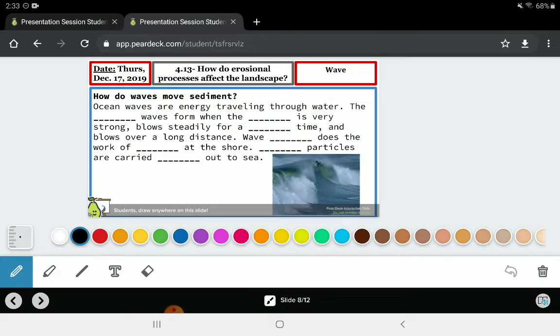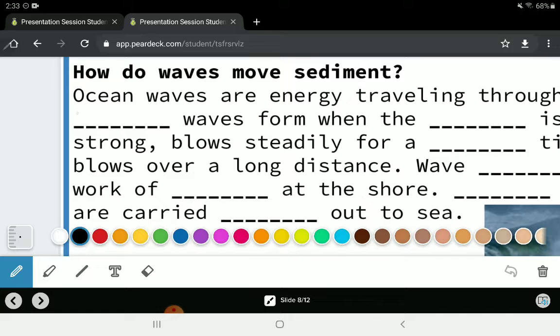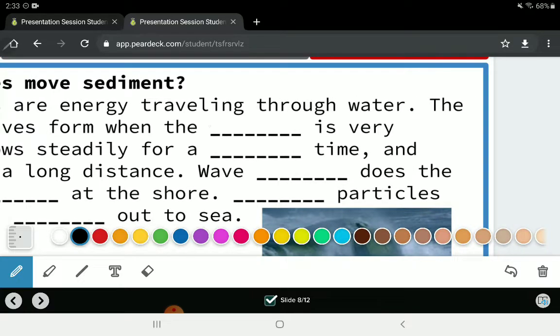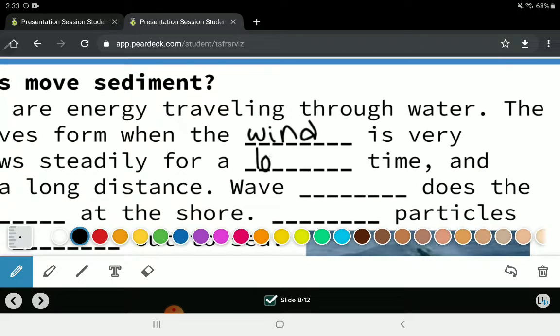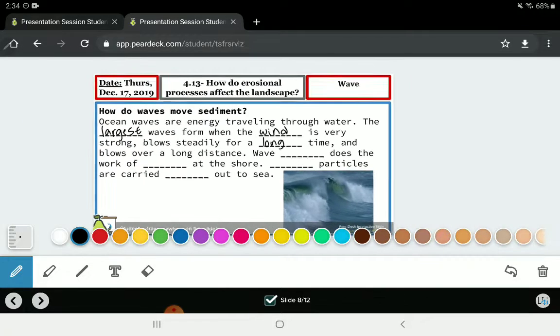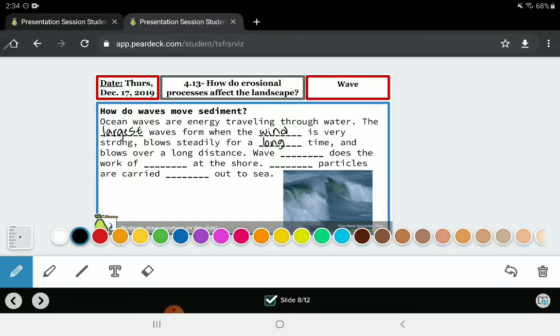So waves, ocean waves, are energy traveling through water. The largest waves often form from the wind. They form when the wind is very strong, and it blows steadily for a long time, and it blows over a very long distance.